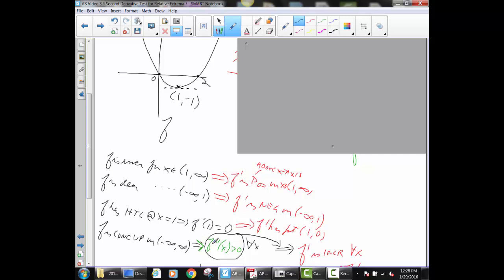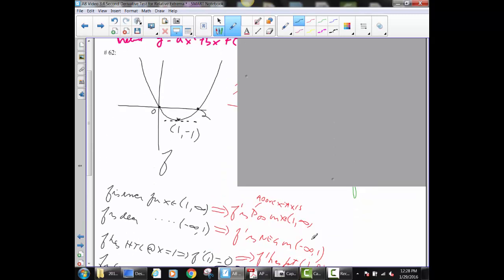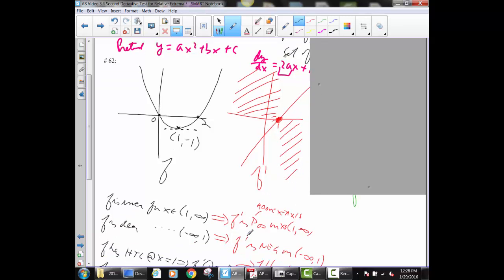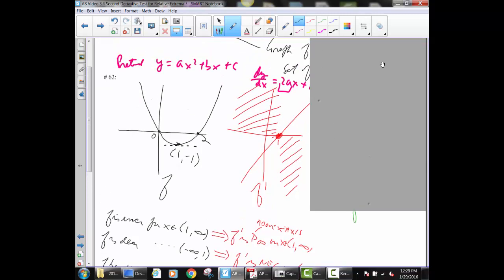If f double prime is positive, remember when the derivative of a function is positive, that function is increasing. So what we have for f prime is we know that to the right of 1, f prime is positive, so I blocked off all the negatives. F prime is negative to the left of 1, so I blocked off all the positive. F prime has the point 1, 0 on it, and then we know that f prime is increasing the whole time.